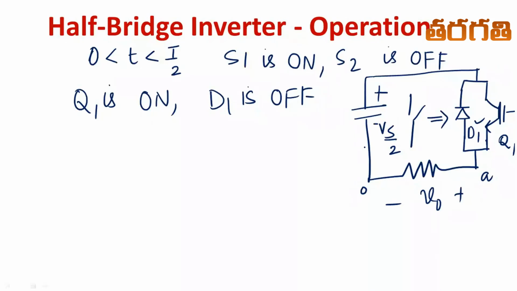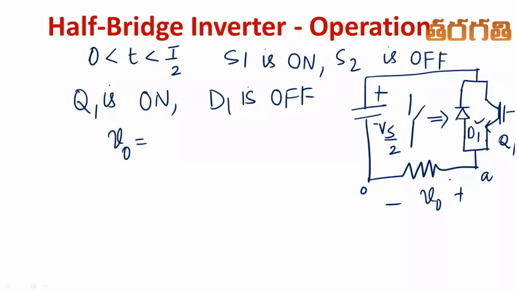So what happens to the value of voltage V naught? Whenever the switch is on, the on-state voltage drop of an ideal switch can be considered equal to 0, so no voltage drop appears across the switch.